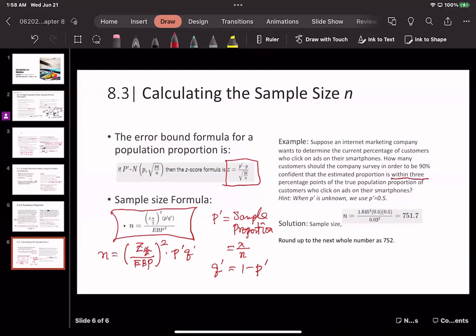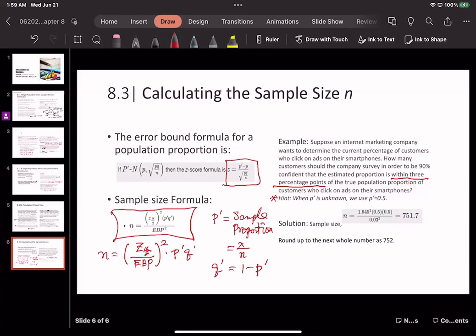Be careful with this: within 3 percentage points of the true population proportion of customers who will click on ads on their smartphones. This is an important hint: when p-hat is unknown and not mentioned in the statement, we use p-hat as 0.5.